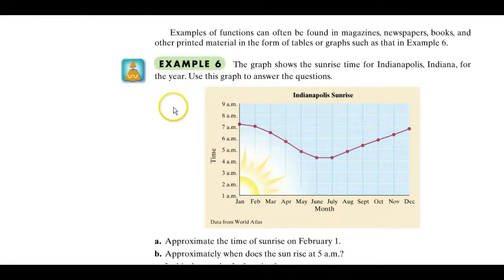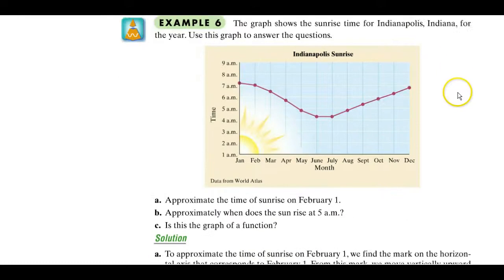Now, another example of a function can be found in magazines, newspapers, books, in the form of a table graph. This graph shows sunrise times for the year. Use this graph to answer these questions. Okay.